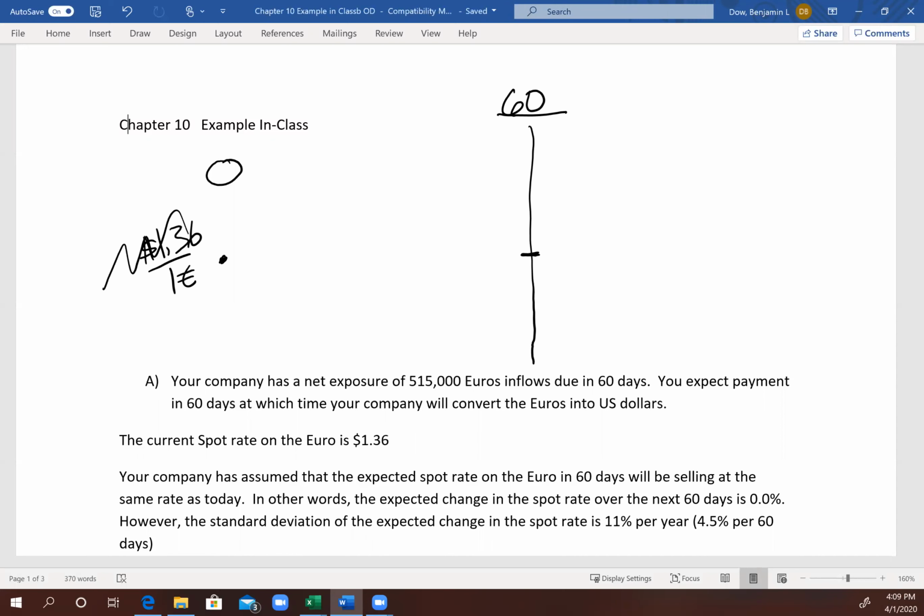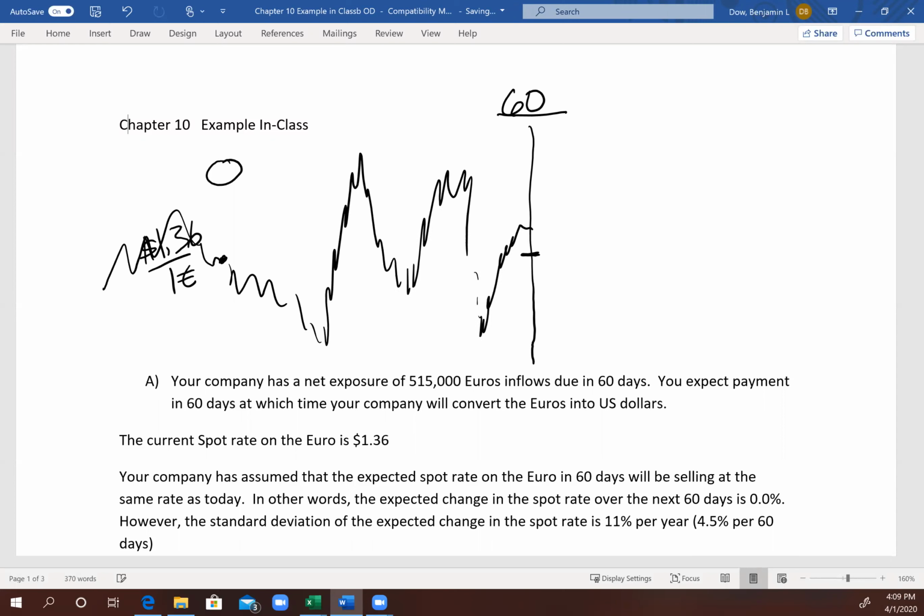Now we can see lots of crazy things happen over time. Things go down, they spike up, they go down, they go up. And we're trying to figure out where it's going to hit in 60 days relative to where it's at now. Now, it could be anything, theoretically.